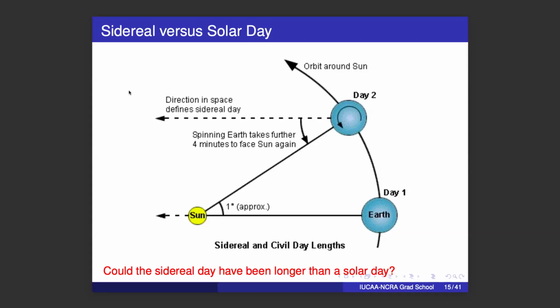That extra time is approximately 4 minutes, and that is called a solar day. Solar day is sunrise to sunrise, whereas the time that the Earth needs to turn around itself once is called a sidereal day, approximately 23 hours, 56 minutes. And the solar day is 24 hours. Could the sidereal day have been longer than a solar day?